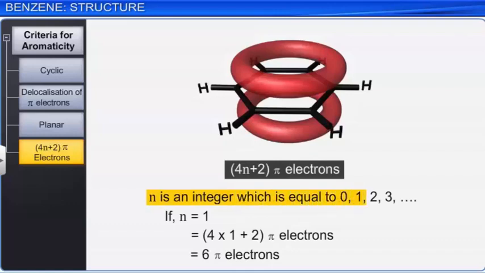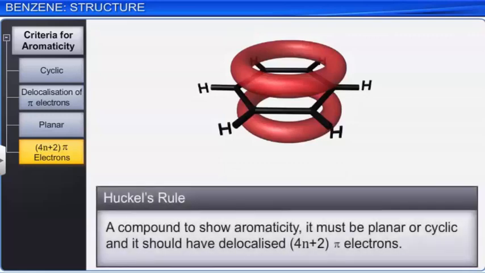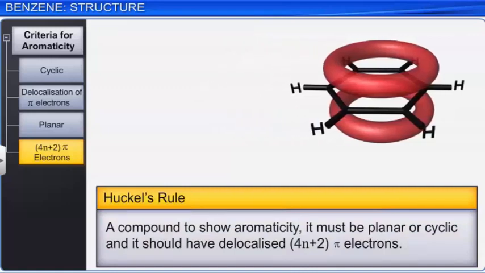This means, for a compound to show aromaticity, it must be planar or cyclic, and it should have delocalized 4n plus 2 pi electrons. This is known as the Huckel's rule. Thus, according to Huckel's rule, the aromatic compounds should have a delocalized electron cloud of pi electrons, such as 2, 6, 10, 14 electrons.